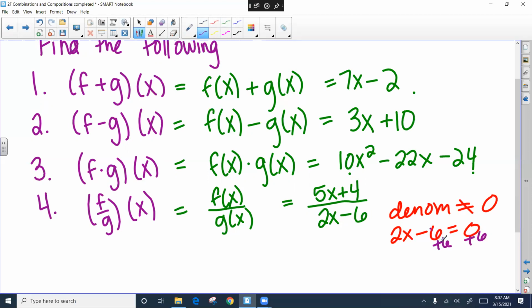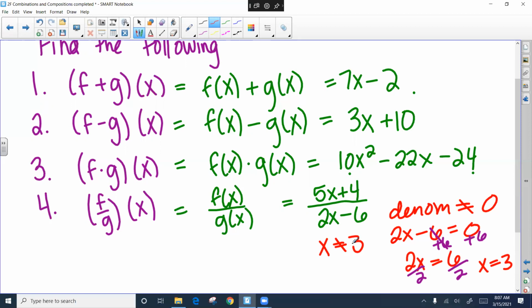To solve this, we would add 6. So we get 2x equals 6, and then divide by 2. So we get x equals 3. But on this one, that's not what x can equal. That's the one number for this new function that x can't equal. Because if I tried to plug in a 3, I would get a 0 in the denominator, and we can't divide by 0.